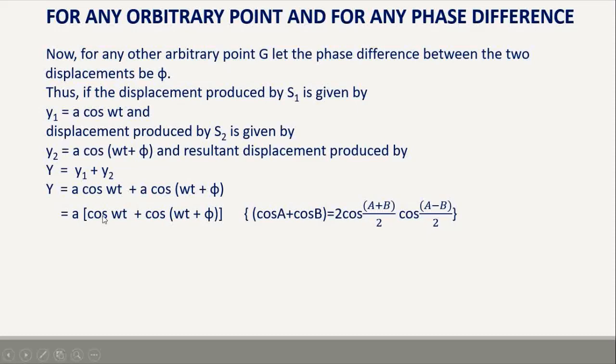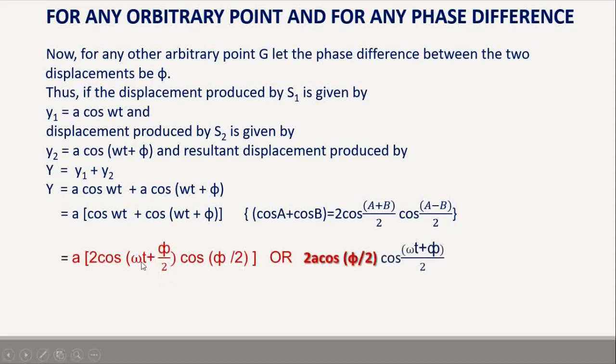Then you can write it like this. You can take cos (omega t plus phi) as the A term and cos omega t as the B term. It is more beneficial. Then I am writing this expression using the trigonometric formula: 2 cos of (A plus B) divided by 2.